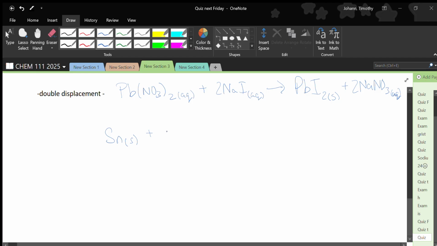Tin can react with bromine. Oh no, bromine's a liquid at room temperature. Bromine liquid to make tin bromide. And as a bonus, tell me what the charge is on the tin on the right-hand side if you get done with everything else.